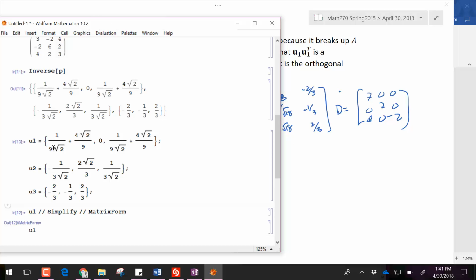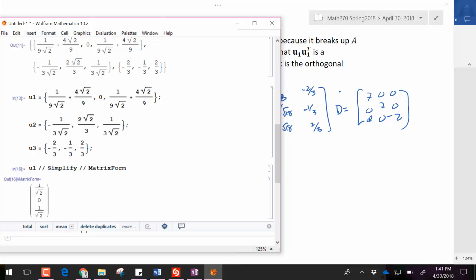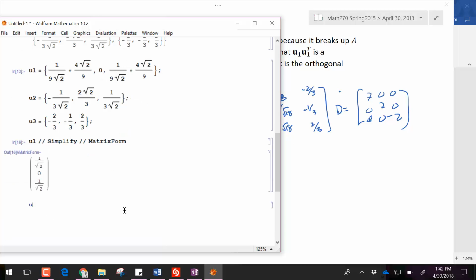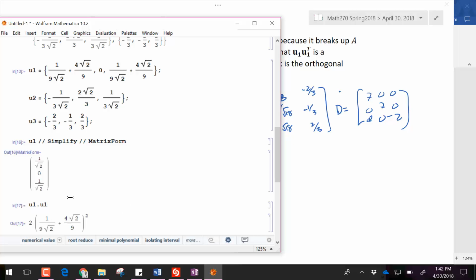Oops, I didn't press enter. All right, and then, so U1 dotted with U1 is going to be a number, whatever that number is.